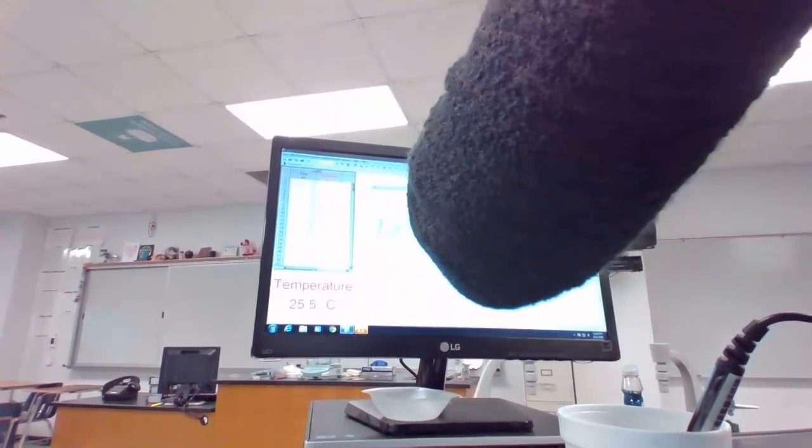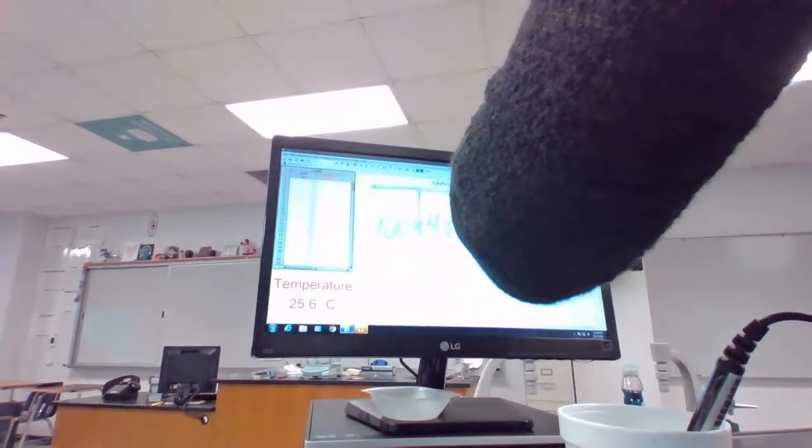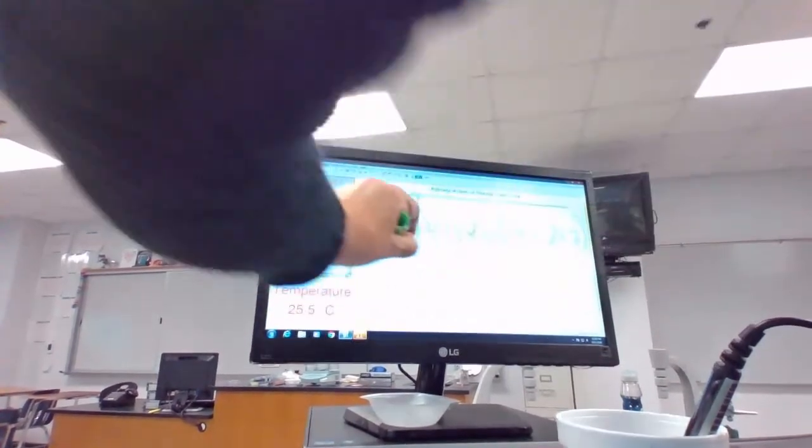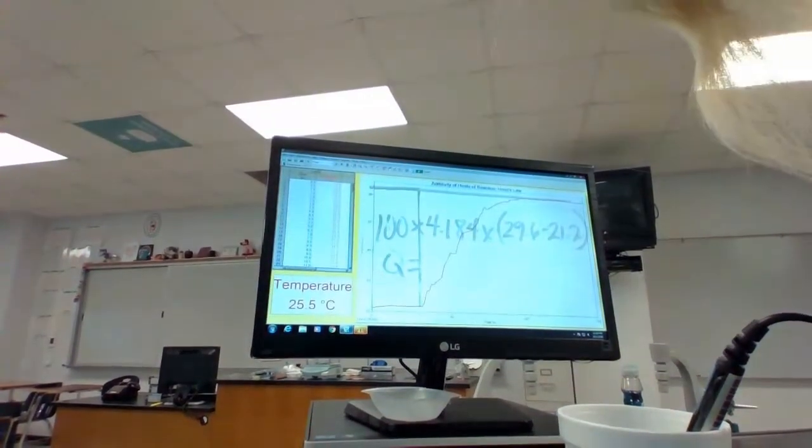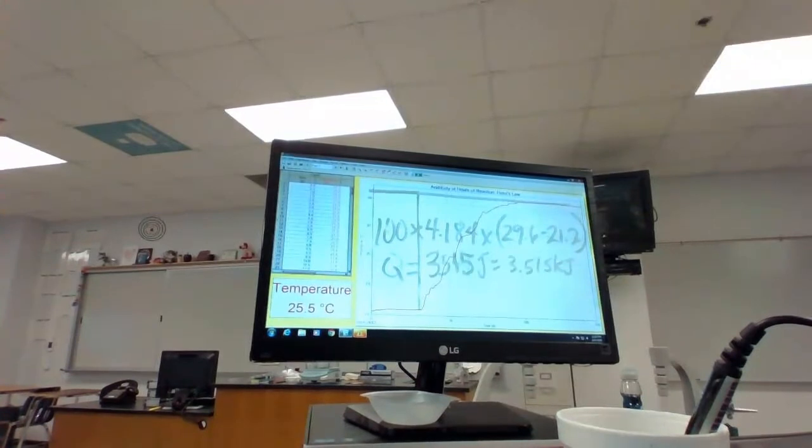So we have 100 times 4.18 times our final, which was 29.6, minus 21.2. And we know that the temperature has gone up, so our Q here is going to be a positive Q. Our overall reaction then has produced heat in the amount of 3.515 kilojoules.